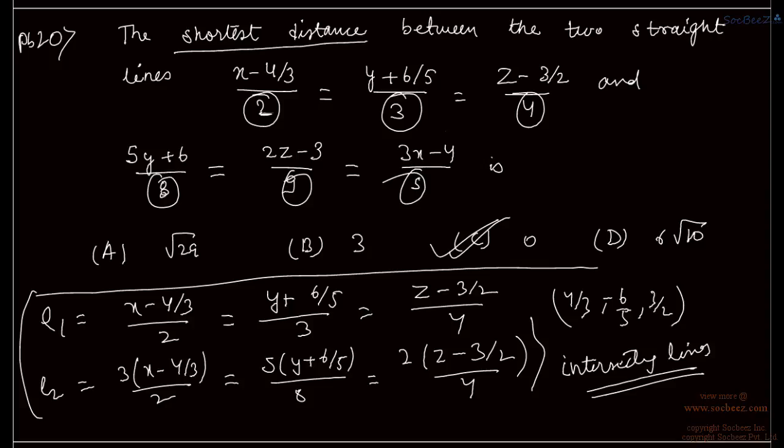Since their ratios are not the same, these two lines are not parallel. So if there is a question of finding the distance between two lines, first see whether the two lines are parallel or not. If they are parallel, then use the formula for the distance between two parallel lines. Second, see whether the two lines intersect or not. If they are intersecting, then the distance between them is 0. Otherwise, use the formula for skew lines.